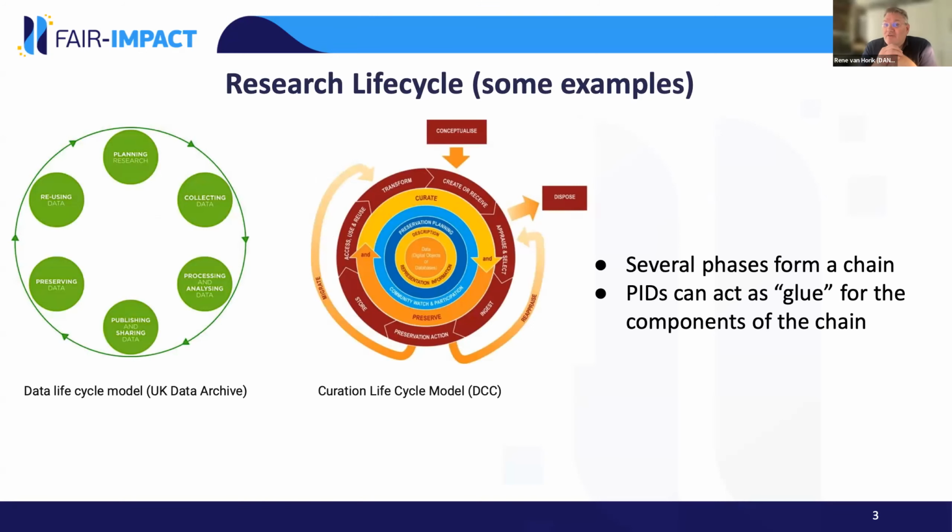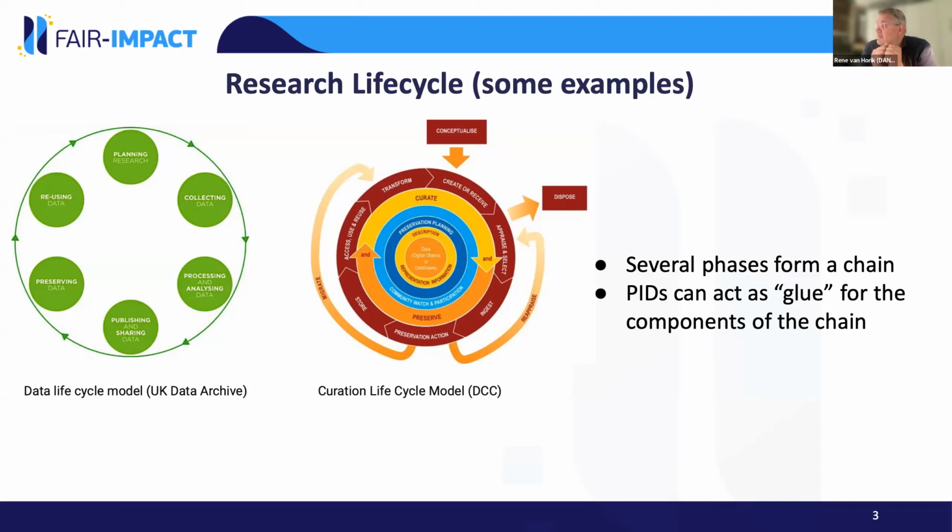I think most of you must be familiar with one or more models of the data life cycle, from planning to collecting, processing, publishing, preserving, and reusing data, coming from the data archiving community. The second life cycle model has its basis in the curation world, the Digital Curation Centre. It's clear that in order to replicate research or to reuse data, we create a kind of chain, and that these phases follow up on each other.